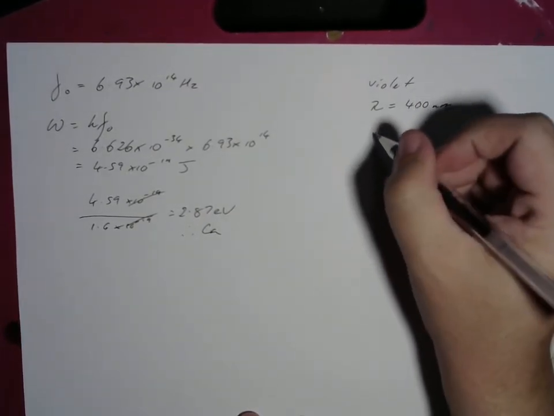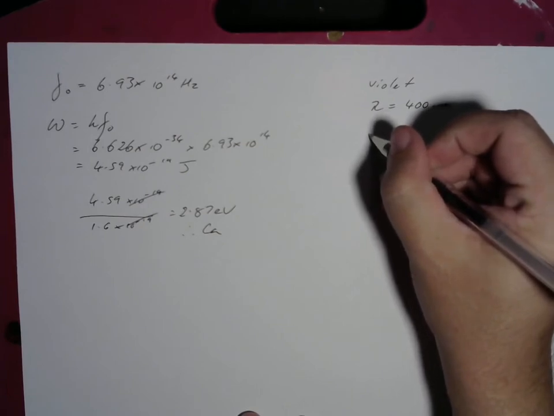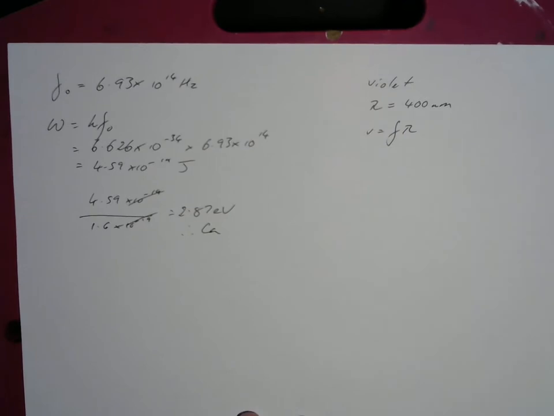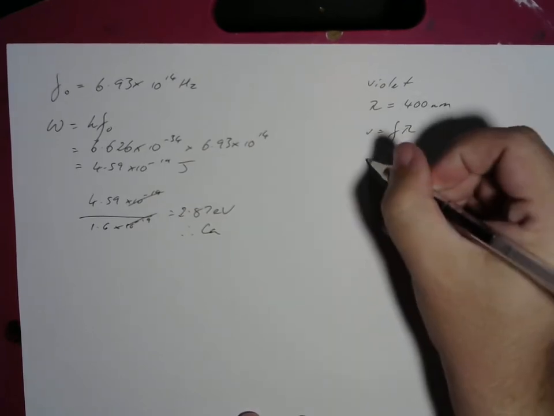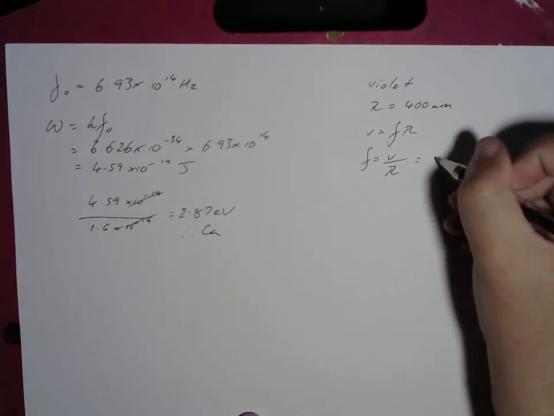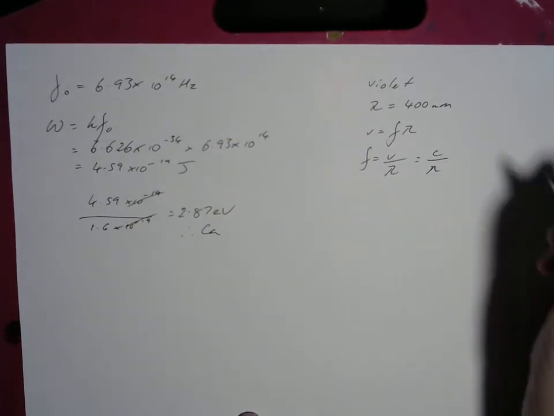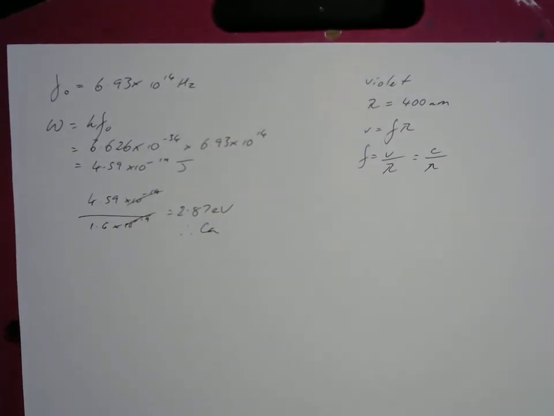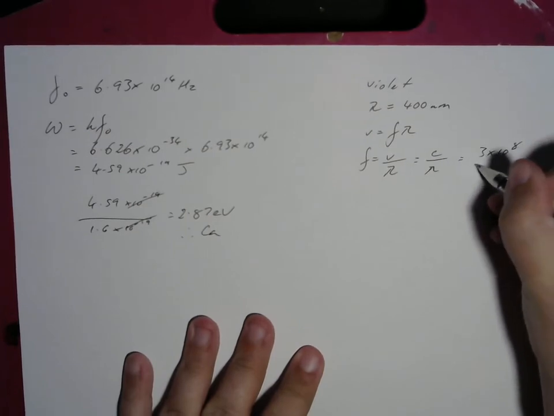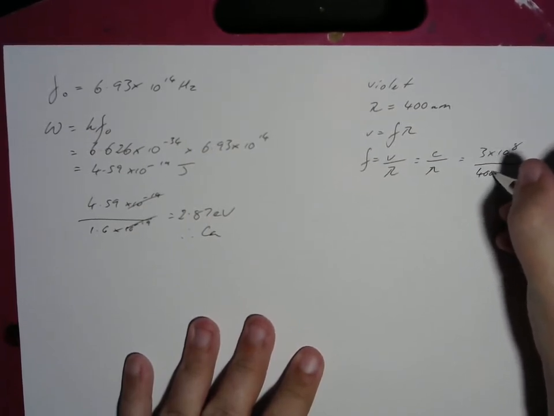We can work out the frequency for that, because remember, the velocity of a wave equals the frequency times the wavelength, or the frequency will equal the velocity of the wave divided by the wavelength. In this case, the velocity is our constant c, the speed of light, because we're dealing with light. So that equals 3 times 10 to the 8 divided by 400 times 10 to the negative 9.